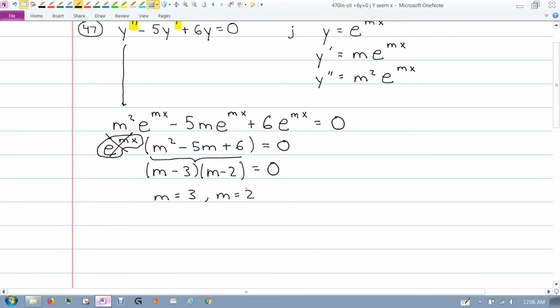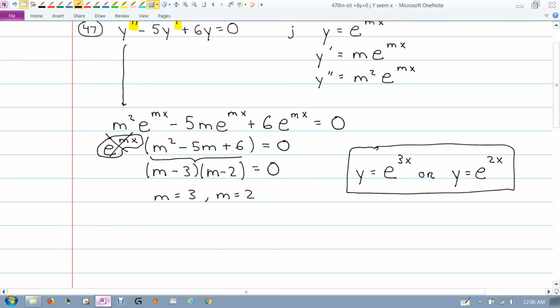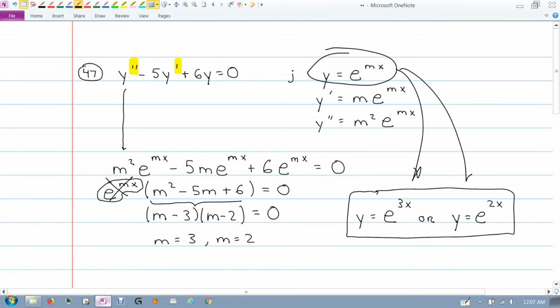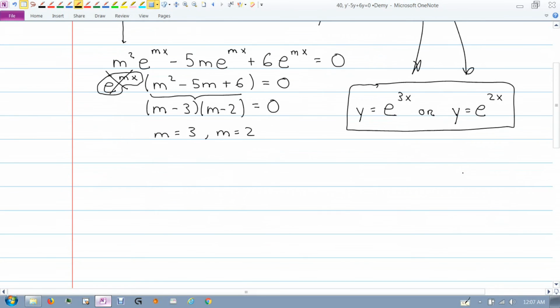So in order for that to be a solution, we would have y equals e to the 3x, or possibly y equals e to the 2x. Those would be solutions to that differential equation. I should say, if we're looking for solutions that come in this form, these are the only two that would suffice.